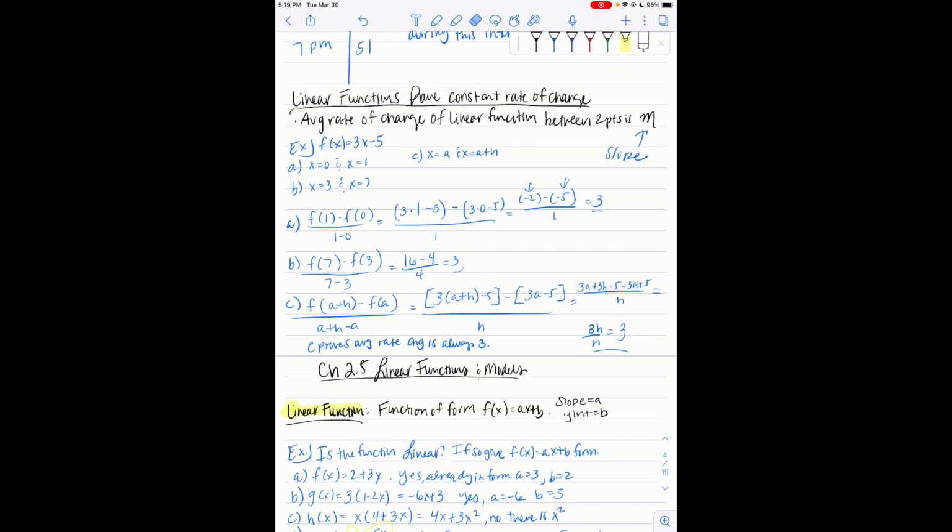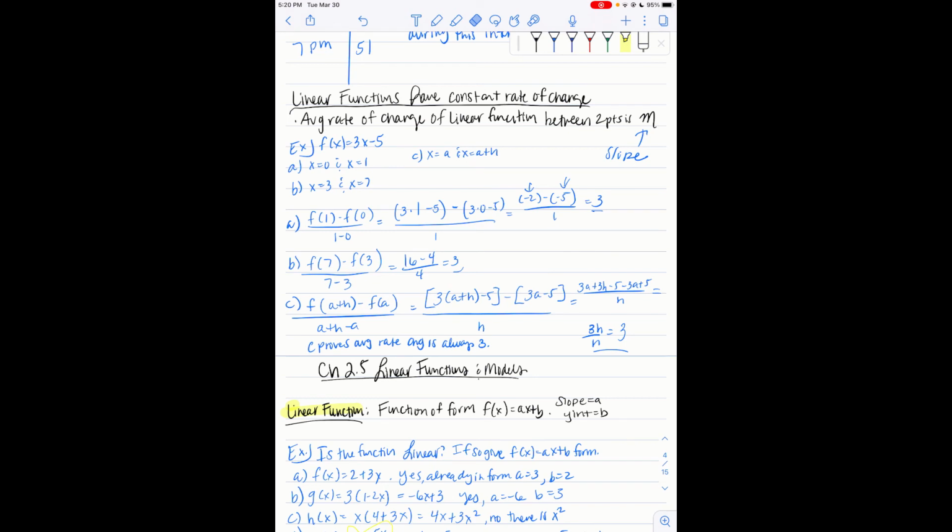Okay, and then I wanted to note that, as we've learned, the average rate of change is like slope. I want you guys to notice that linear functions have a constant rate of change, right? Because the average rate of change of a linear function between 2 points is the slope.